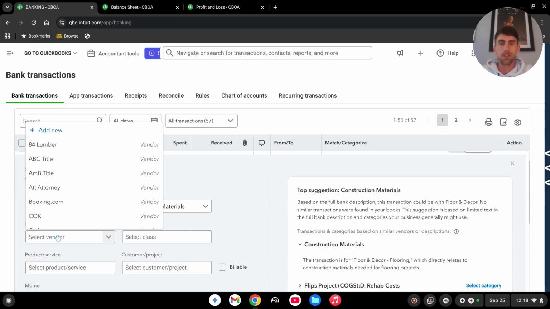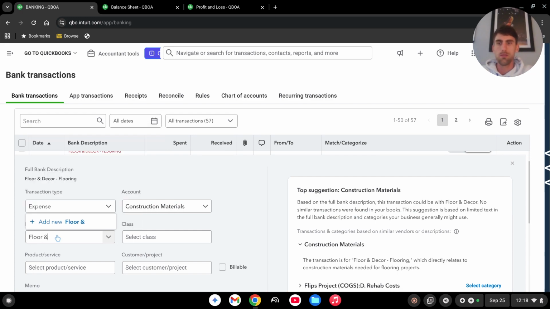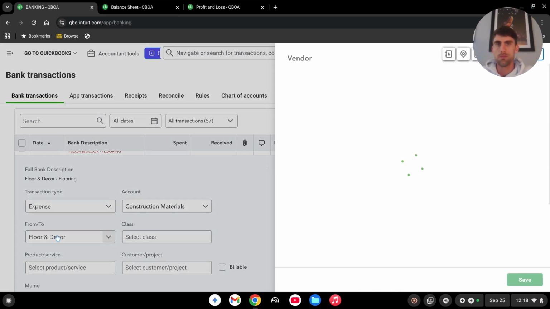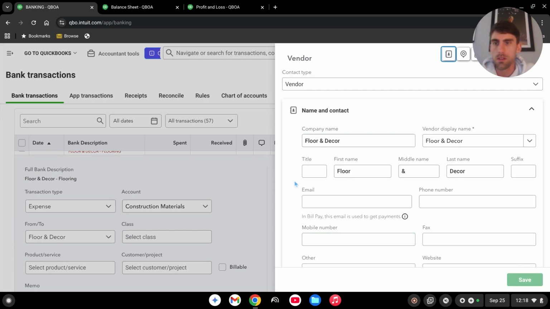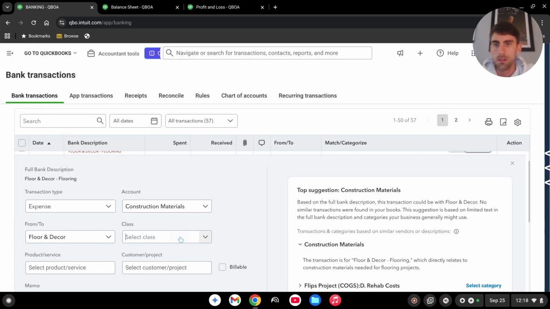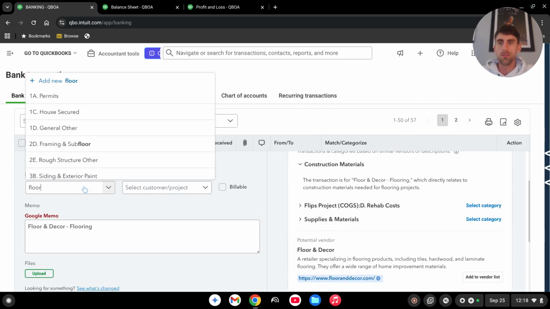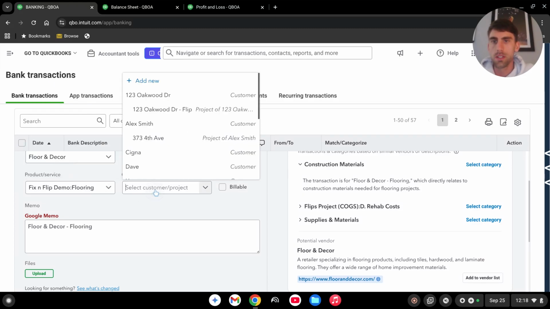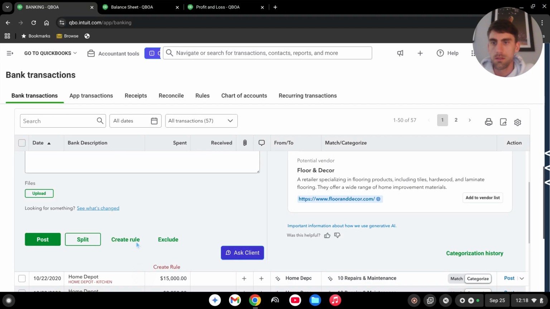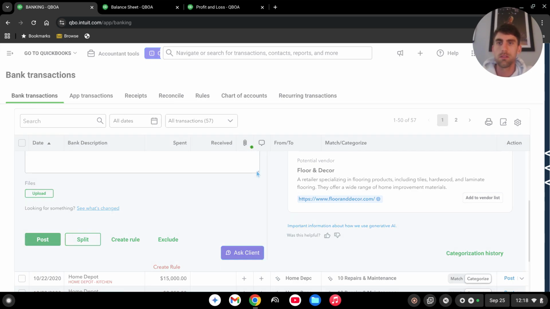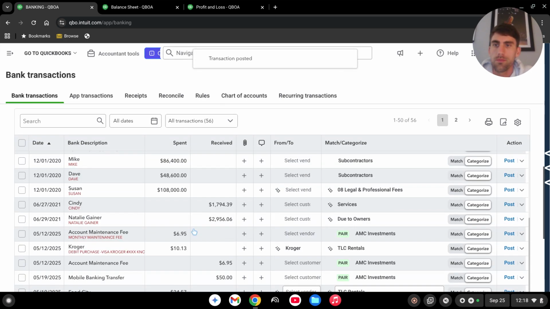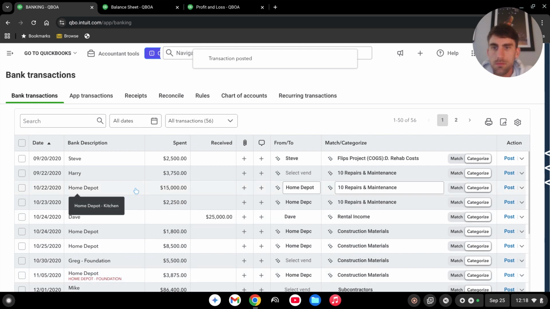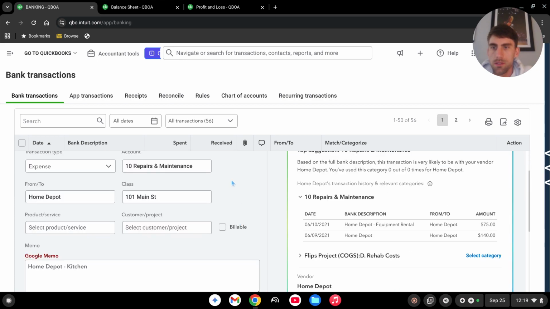We have Floor and Decor. Class 123 Oakwood Drive. This was for flooring. Home Depot. This was for the kitchen.